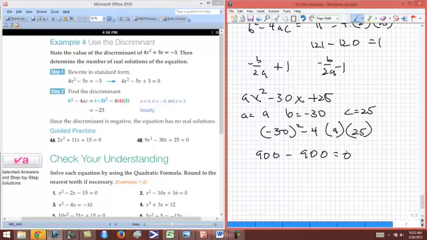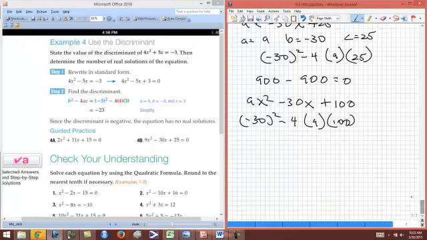Now, if this were 9x squared minus 30x plus 100, then we would have negative 30 squared minus 4 times 9 times 100, which would be 900 minus 3600.